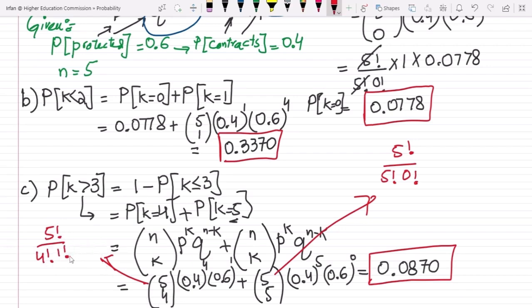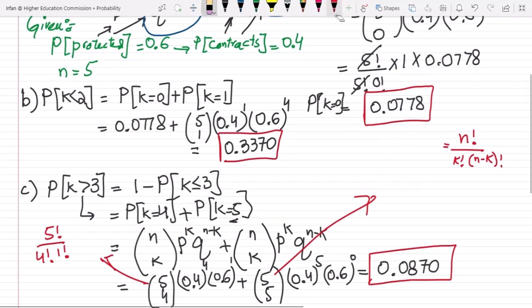This is because I have been using the formula n factorial divided by k factorial times n minus k factorial, which is for n choose k, and I have been using it all in this question.